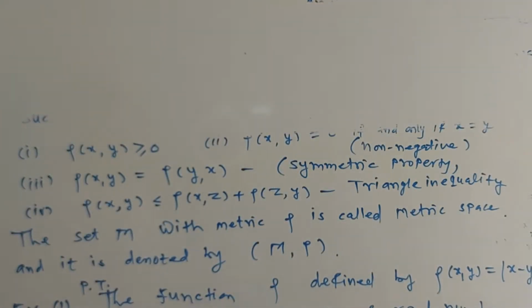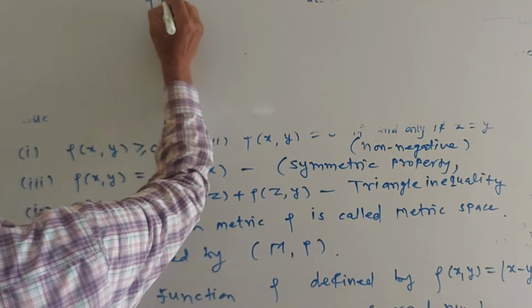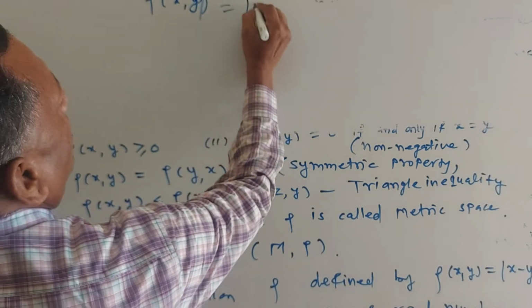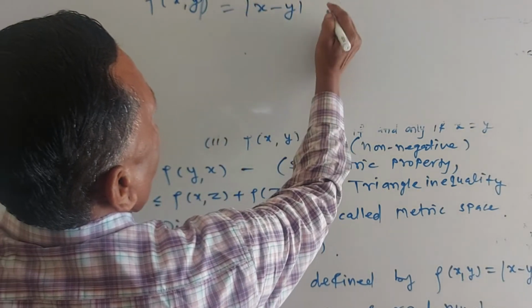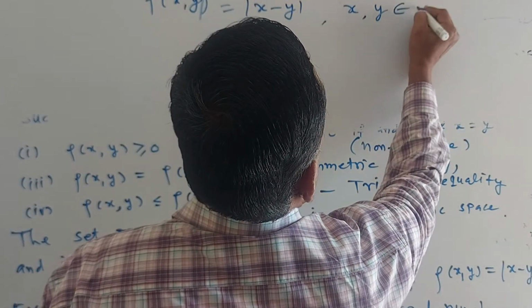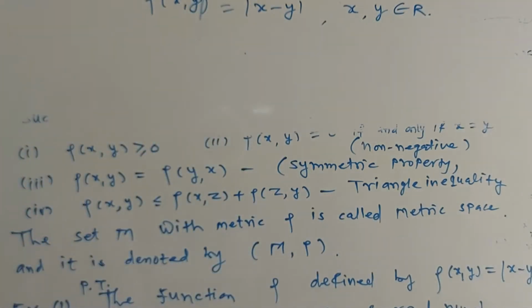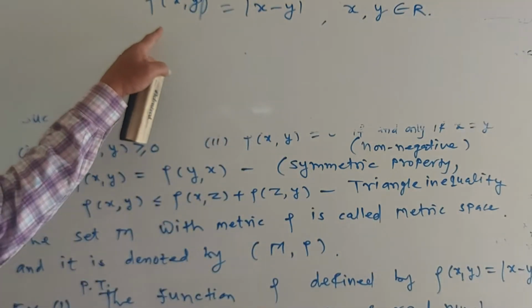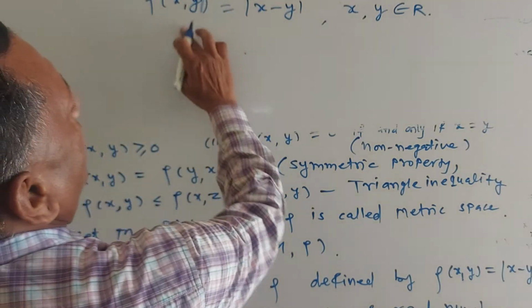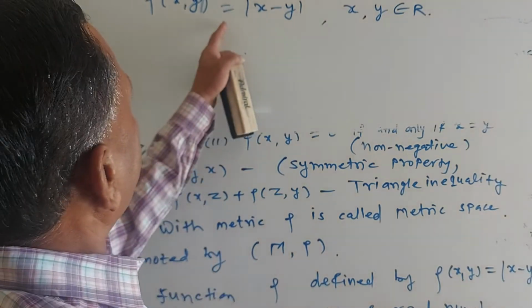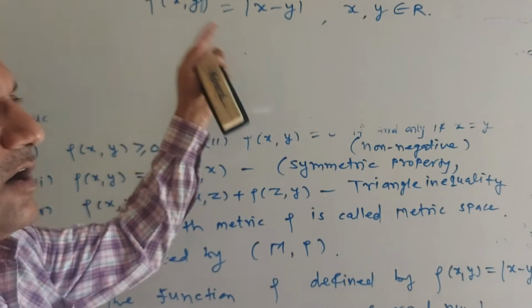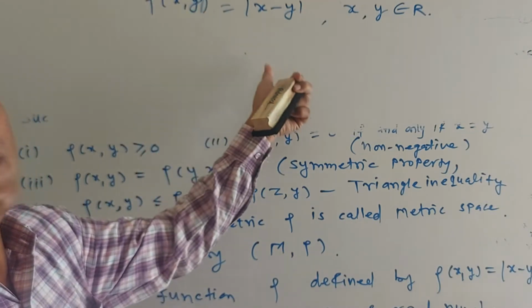You are given the function rho defined by rho of xy is equal to mod of x minus y, where x and y belong to R. You have to prove that this rho is a metric on R, and (R, rho) is a metric space. If this is a metric on R, then (R, rho) is the usual metric space.